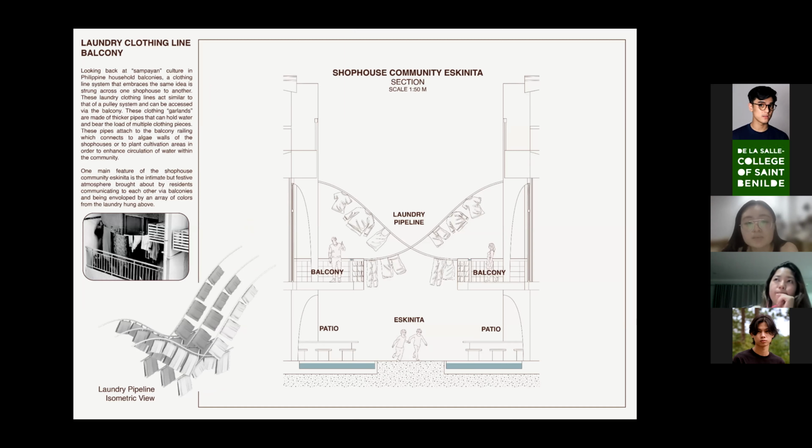Another idea we had for the fabric was to introduce a laundry pipeline in an escanita that we created, more like a private escanita where the community gathers through the balconies or through the streets to share the food that they create.